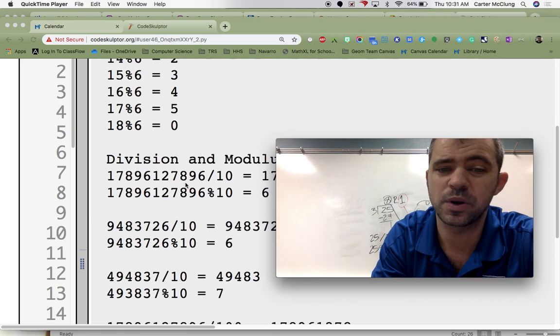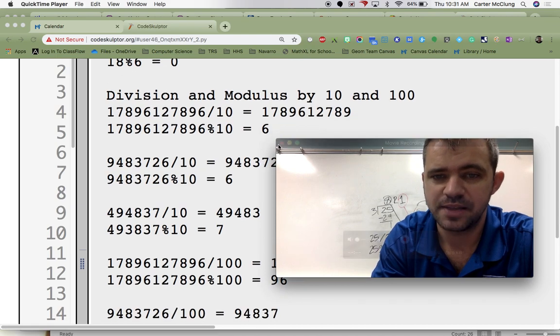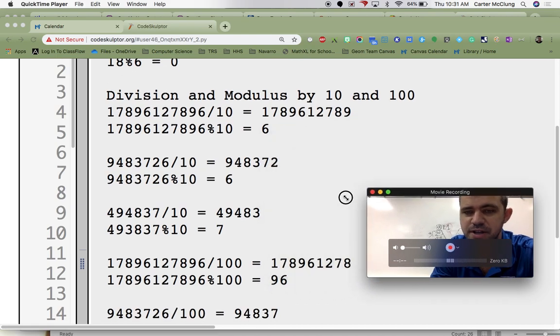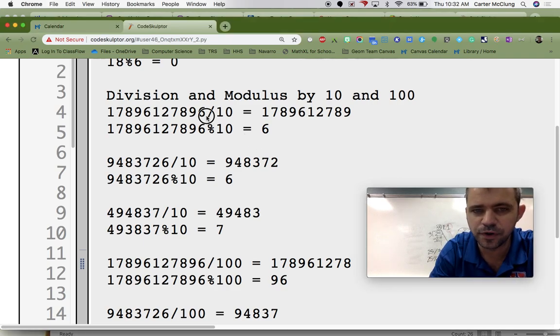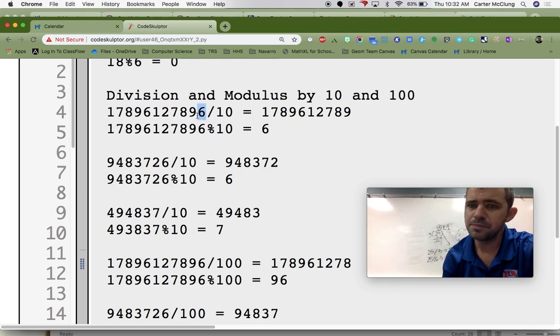The last thing I want to show you is a little trick that you can use with integer division and modulus. Okay, so when you divide by 10, normally all that does is it moves the decimal over one time. So the decimal, instead of being here, would be here. But remember, integer division, we get rid of the decimal.